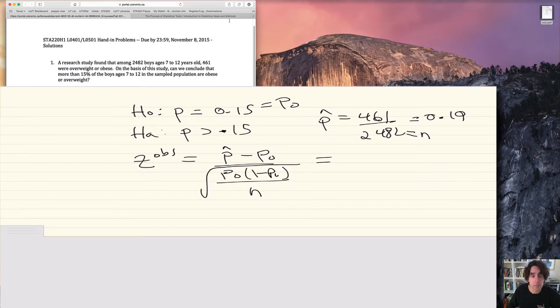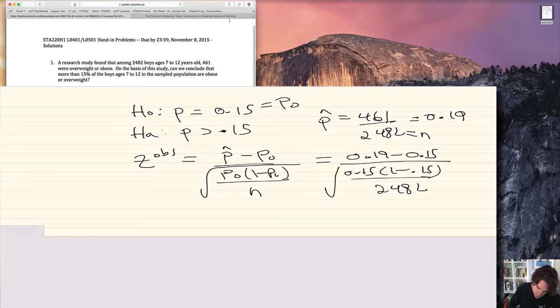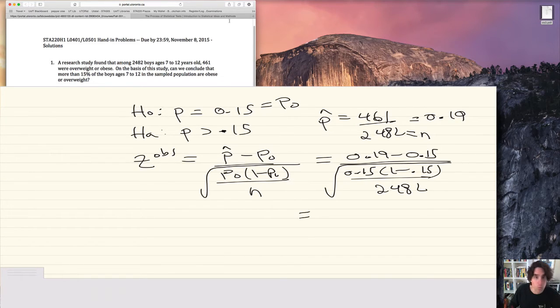Let's plug in all the numbers. So it's 0.19 minus 0.15, divided by the square root of 0.15 times 1 minus 0.15 divided by 2482. And if you work out that value, that's equal to 5.58.